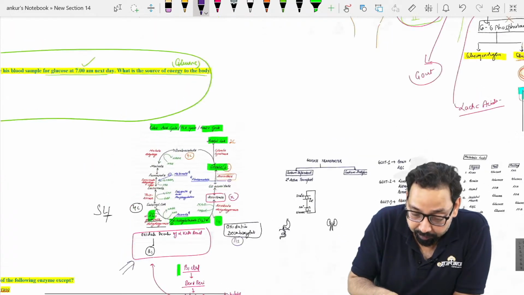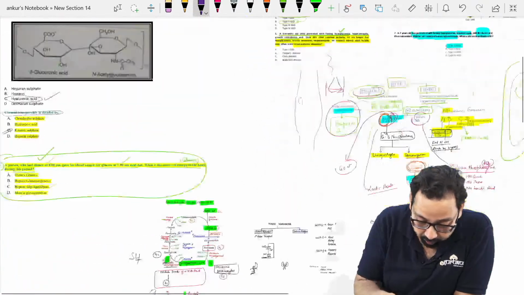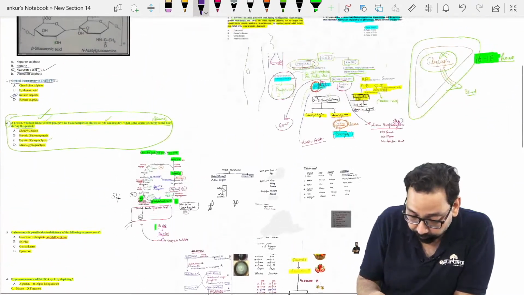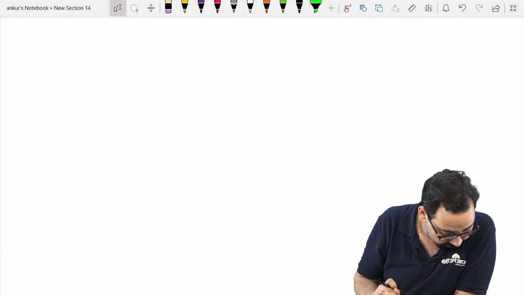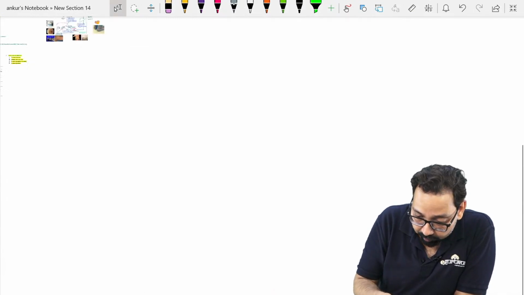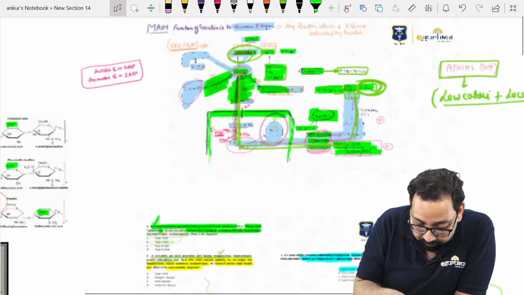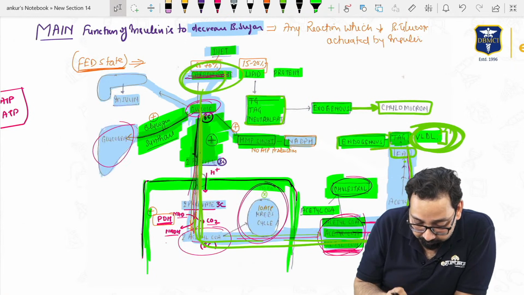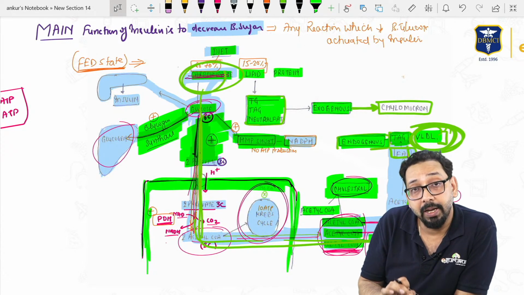This pyruvate dehydrogenase is also an enzyme of oxidative decarboxylation, and pyruvate is an alpha keto acid, so B1 is the cofactor.